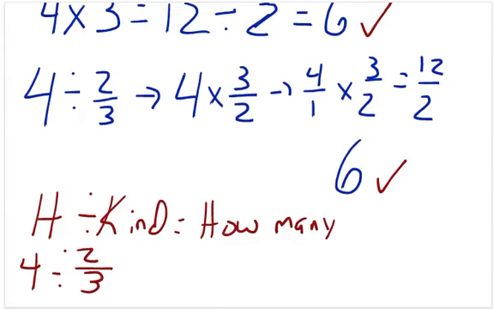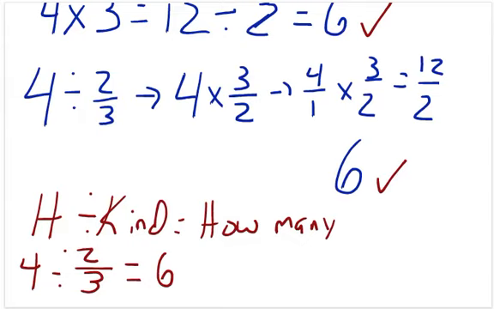So I have 4, what'll be 4 times 3 divided by 2, because I'm going to have 12 total pieces, but then I have to pair them up, and that'll give me how many groups I have? 6. Sorry, I should have erased that. Equals 6.